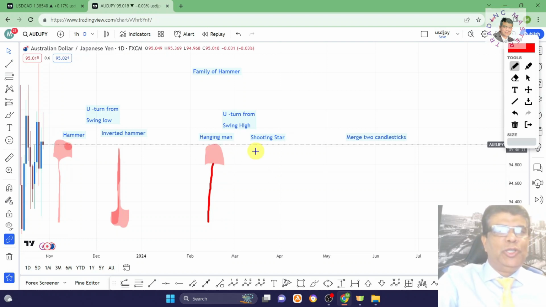Same as the shooting star, technically different, but you could think of it like the inverted hammer. But in the shooting star, mostly the lower part is not 33%, usually it's like somewhere here. So let me draw one and show you.